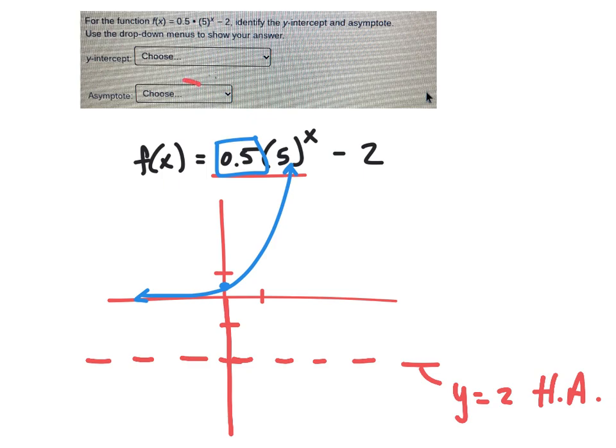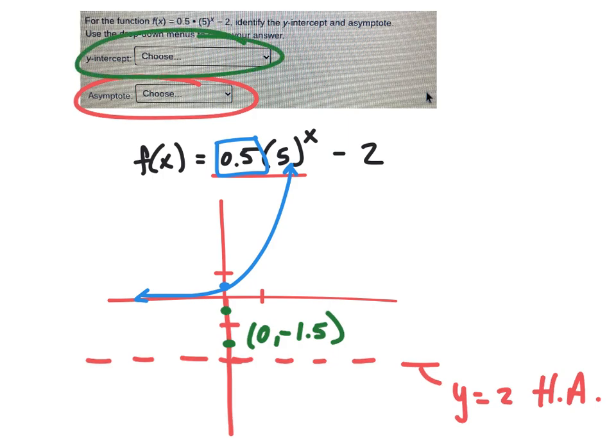Now your y-intercept point is also going to go down 2. If it goes down 1, that would be negative 0.5. And if you go down another 1, for a total of 2, this would be the point 0, negative 1.5. That would be your answer for the y-intercept.